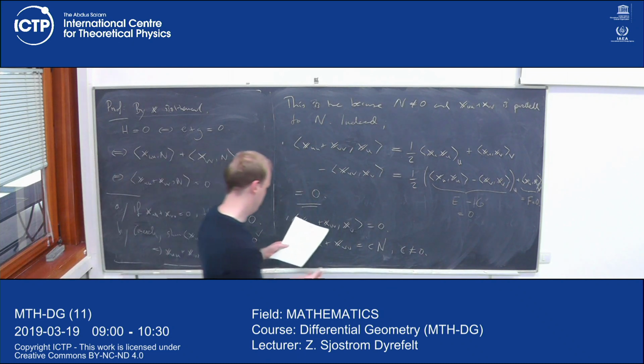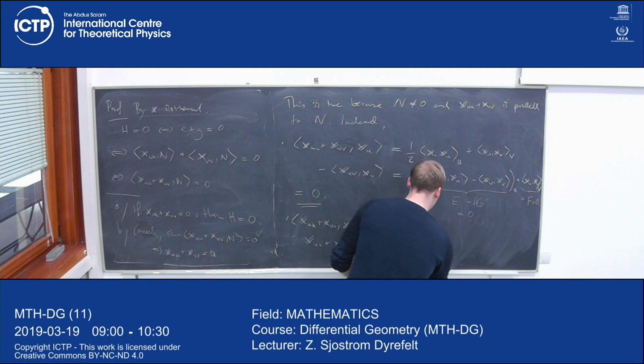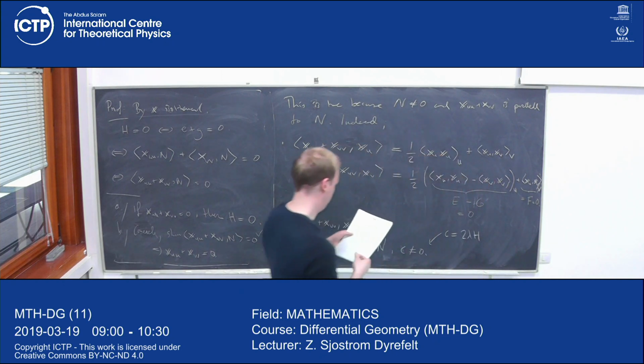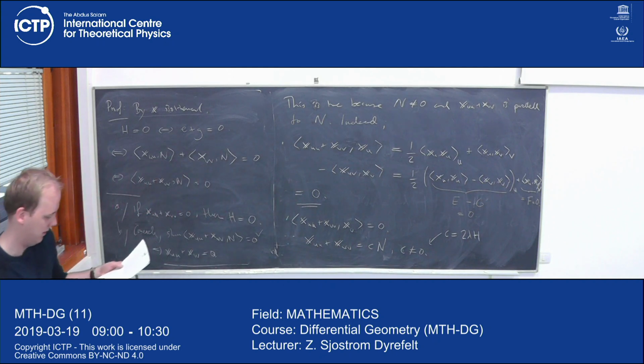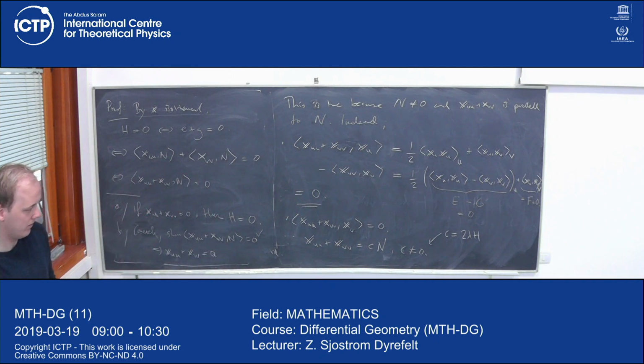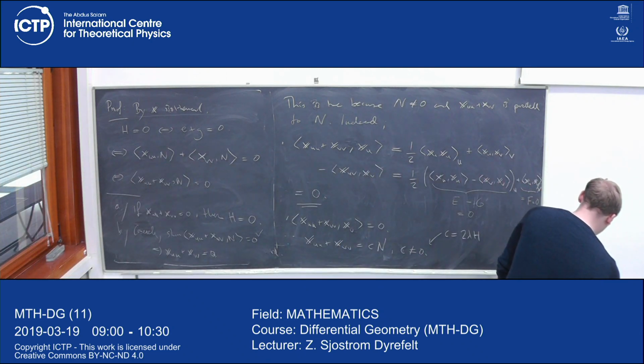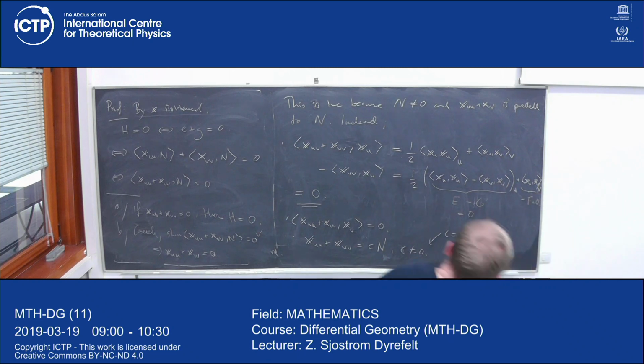But what is it? There's actually no choice for this constant; it is equal to 2 lambda h. So you can check this. Why is it 2 lambda h?